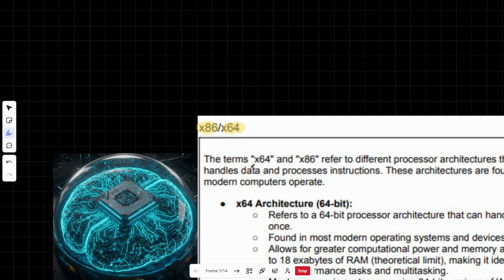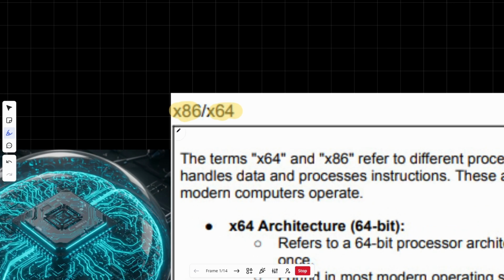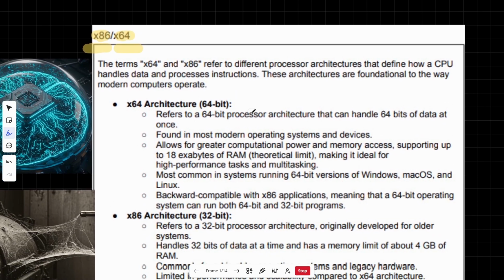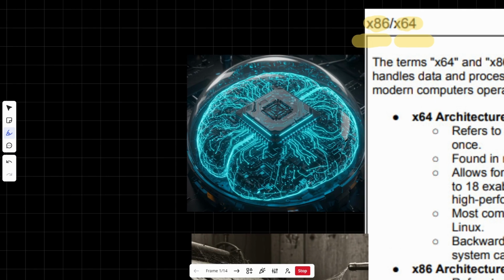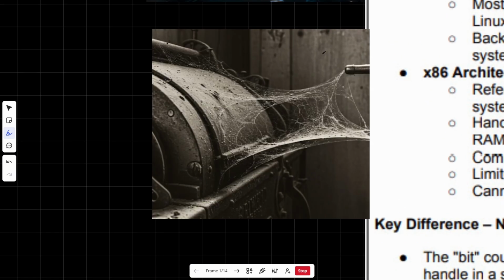The x86 is the older architecture, and the x64 is the newer architecture. So if your CPU architecture is x86, it's going to look something like this.